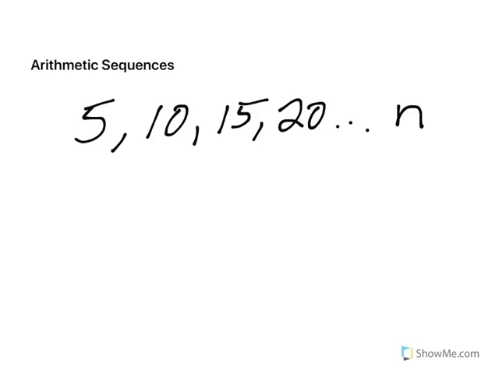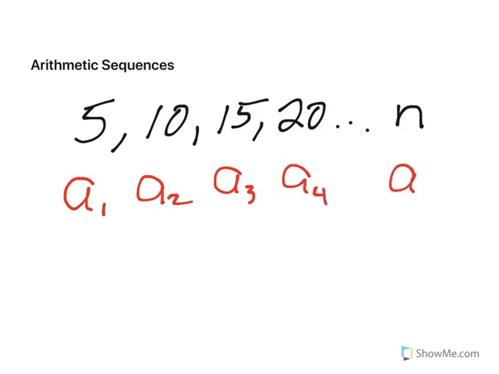Okay, now let's look at this simple sequence again. 5, 10, 15, 20, and so forth, all the way up to n, which we don't know what it is, but it can be any number, but it follows that sequence. Now what we do when we label these, we put a subscript.